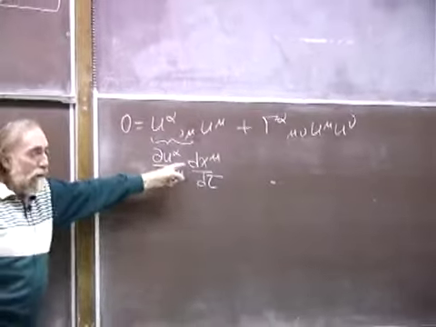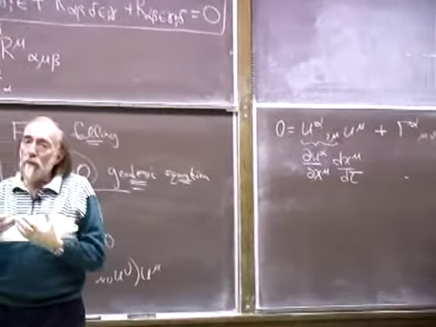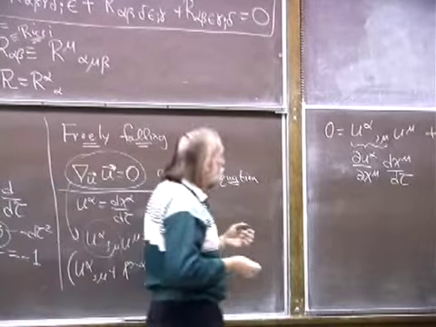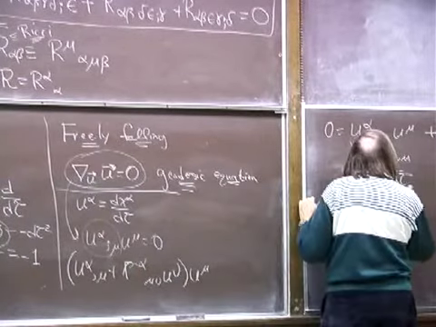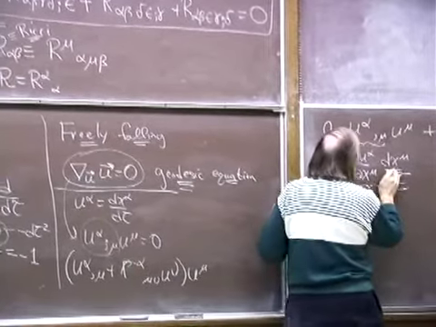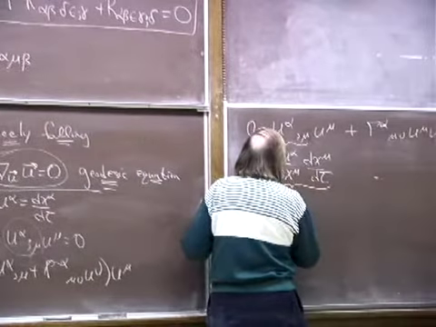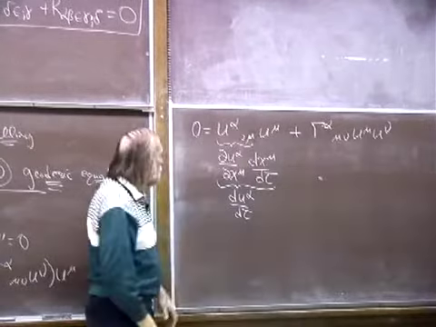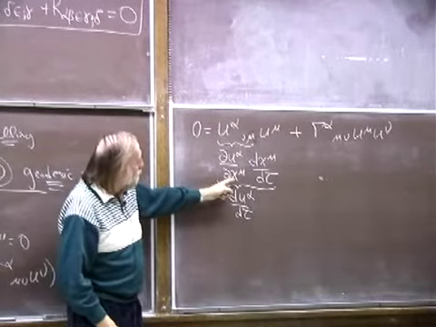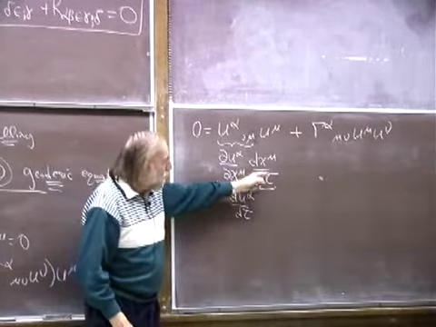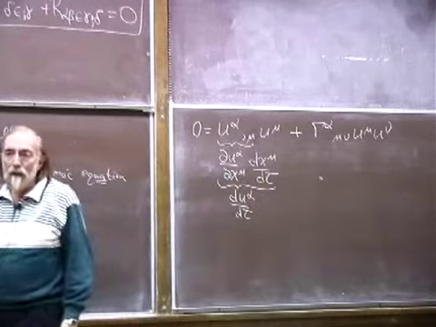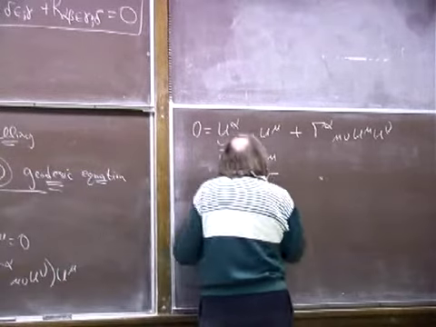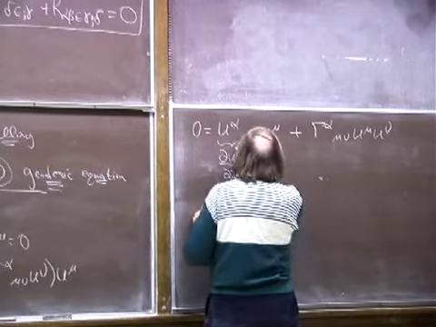You can now look at this as being a formula in differential calculus. And this formula is equivalent to simply the statement that this is equal to du^α/dτ. That is, you take a derivative with respect to x^μ and then a dx^μ/dτ. That's how you would compute du^α/dτ. But u^α itself is dx^α/dτ.